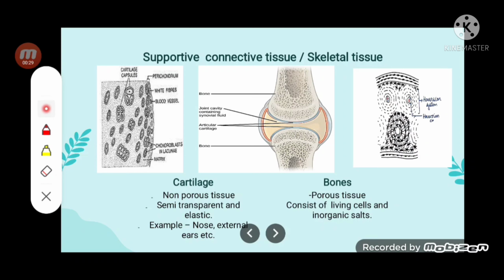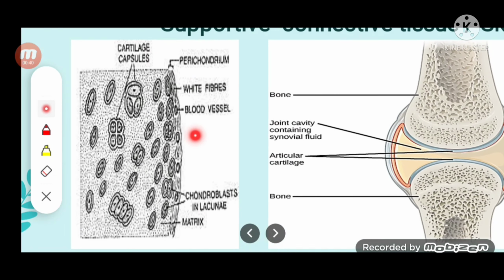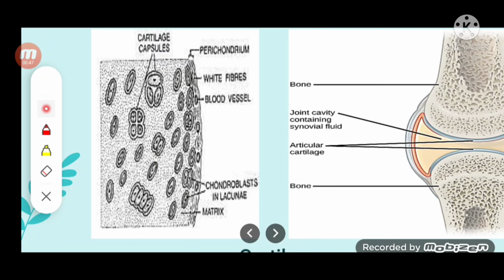Now let us have a look at the transverse sections of cartilage as well as bones. Here if we look at the TS or transverse section of cartilage, we can see the matrix is scattered all over, means all around. In this matrix, these cells are called chondrocytes, and they will be present scattered.